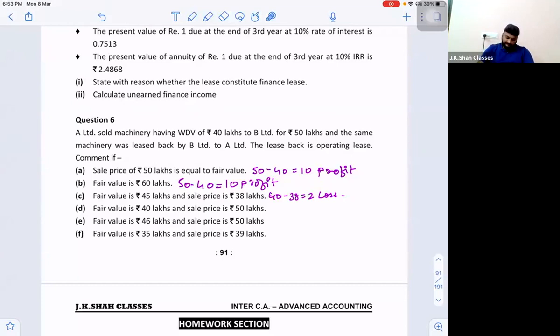So please write the answer. I'll write over here 50 minus 40, 10 lakh amortized profit.